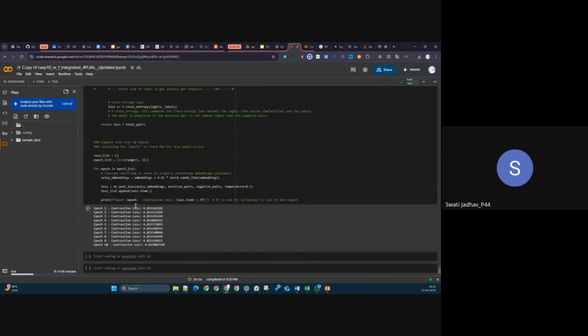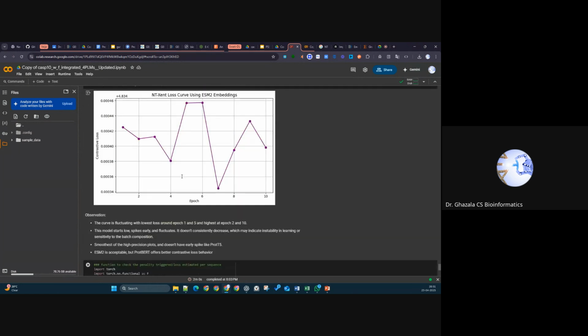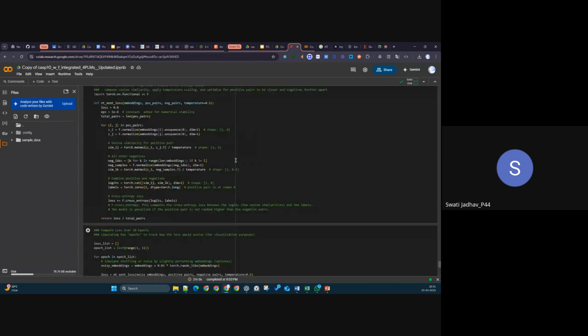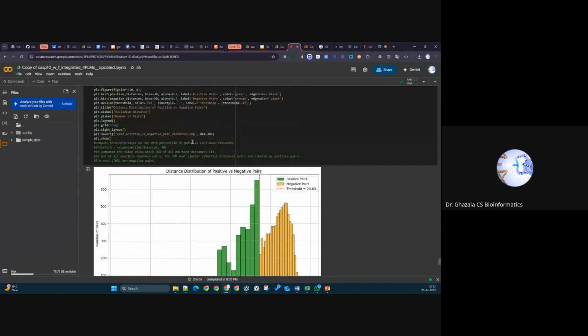Madam, and what logic are they using to find the threshold value? The threshold value for positive and negative pairs? Yes. The threshold value depends on the model that we are using.